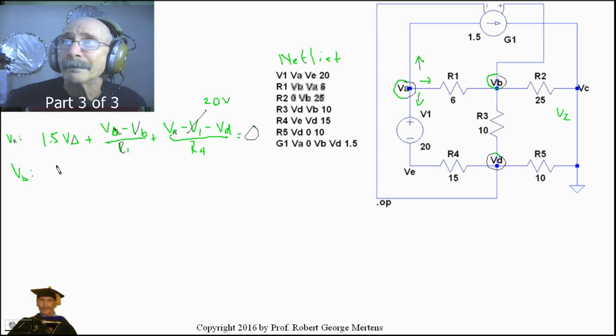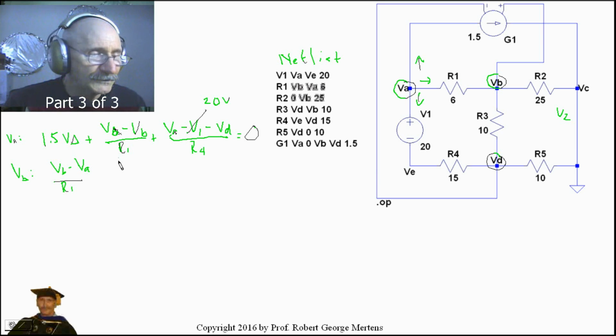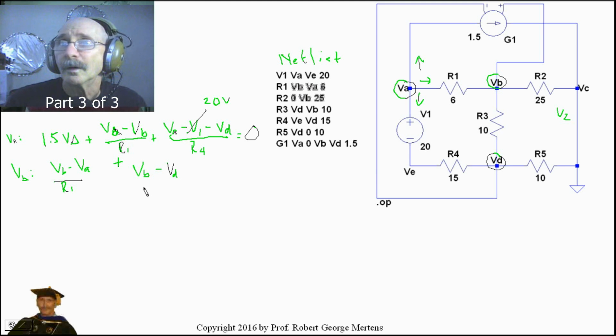It's going to be VB minus VA divided by R1 plus VB minus VD over R3 plus VB.